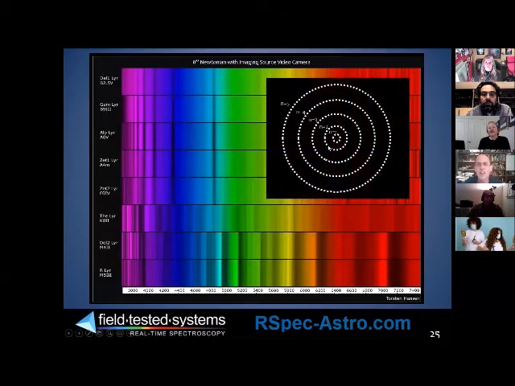So let's look at this slide again. Absorption lines occur when an electron moves up. The way I like to think about it, it's like if you grab a ball and try to pull it away from a magnet, it takes energy. That's absorption, meaning that there's a dip.